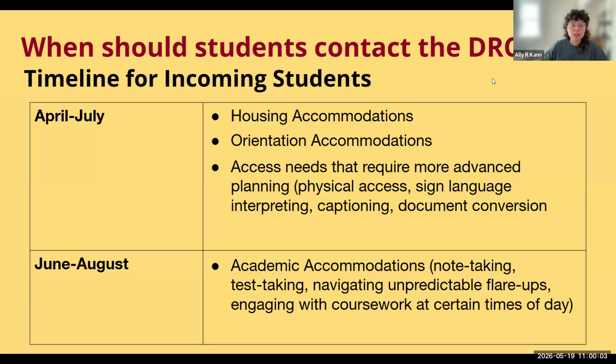So, especially those that are aware that they will be needing academic accommodations for things like note taking, test taking, navigating flare ups, having those set up prior to the semester starting can be really helpful so that they can share their accommodation letter the first day of class.